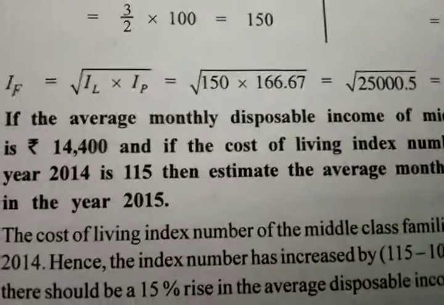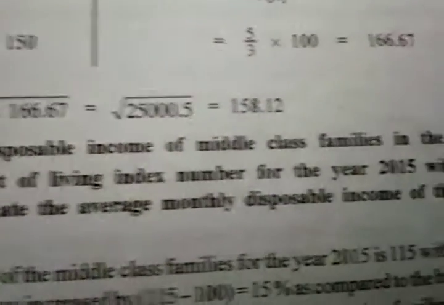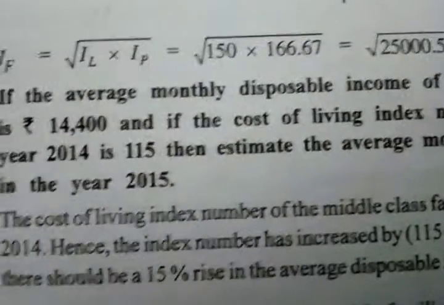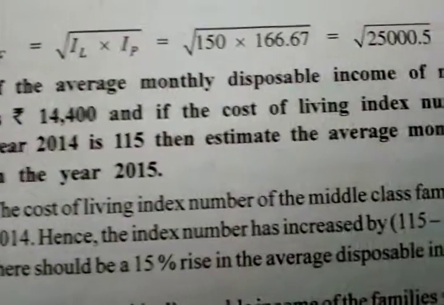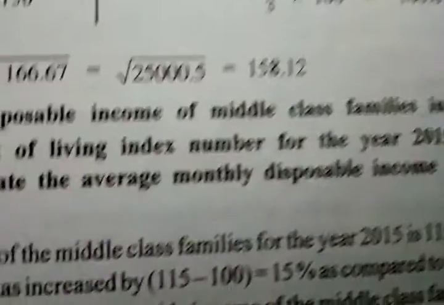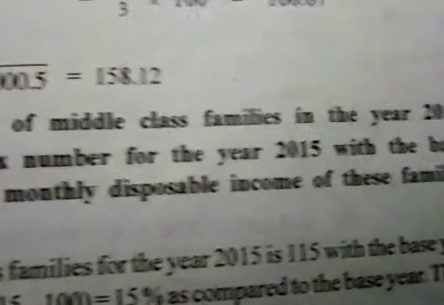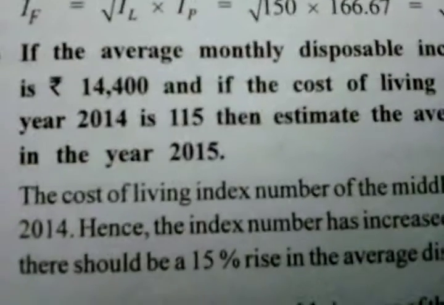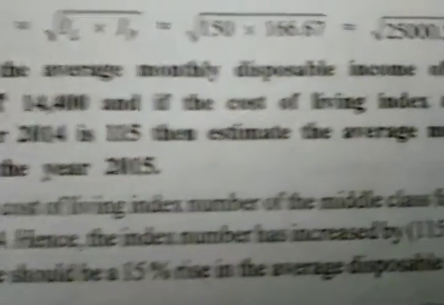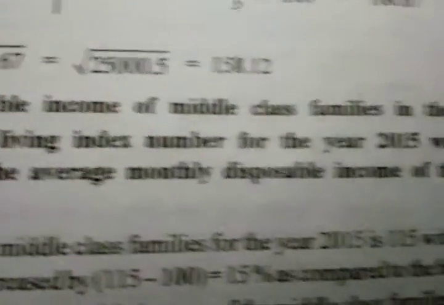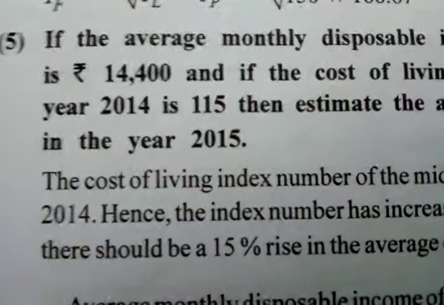Next one: if the average monthly disposable income of middle class families in the year 2014 is rupees 14,400, and the cost of living index number for the year 2015 with the base year 2014 is 115, then estimate the average monthly disposable income of these families in the year 2015.